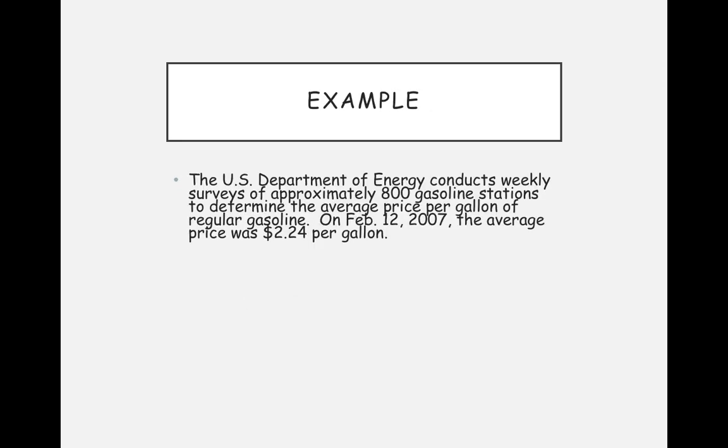So here's an example. I'll give you a second to read it. So in this example, we're going to identify the population and the sample. So take a minute to think about that. So here the population would be all gas stations.